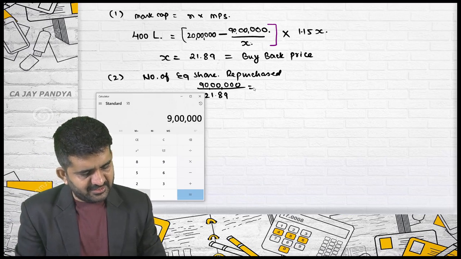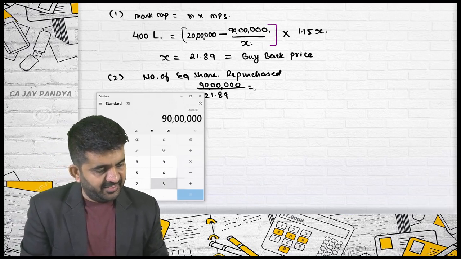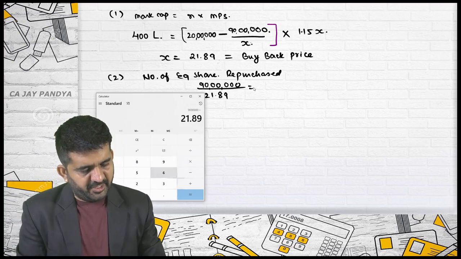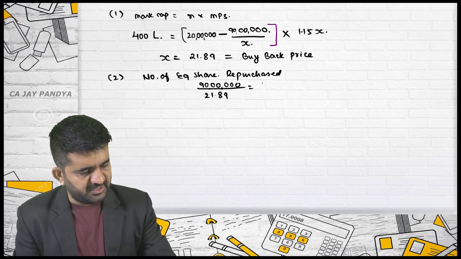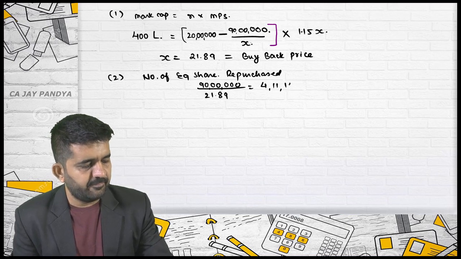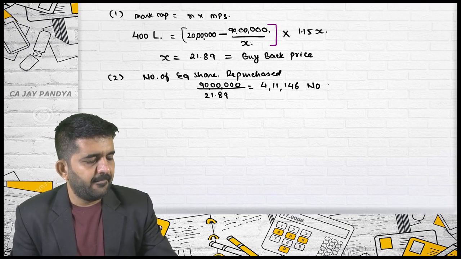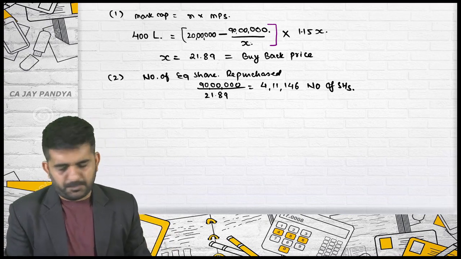It is 90 lakhs divided by 21.89, which is 4,11,146. This is the number of shares that can be bought back at this price.